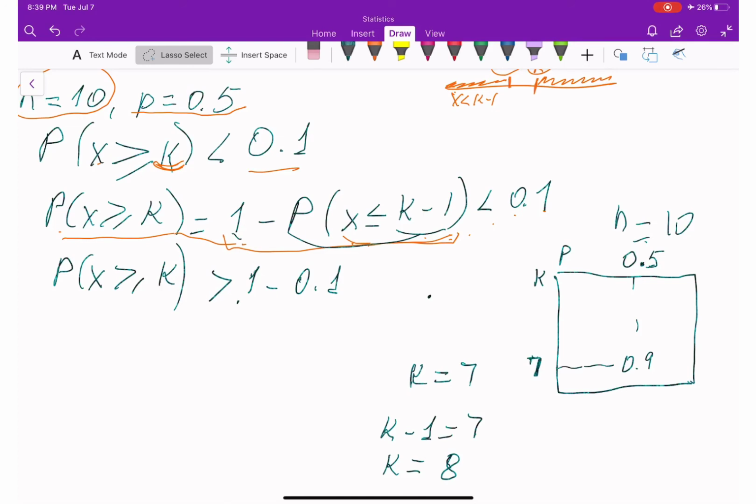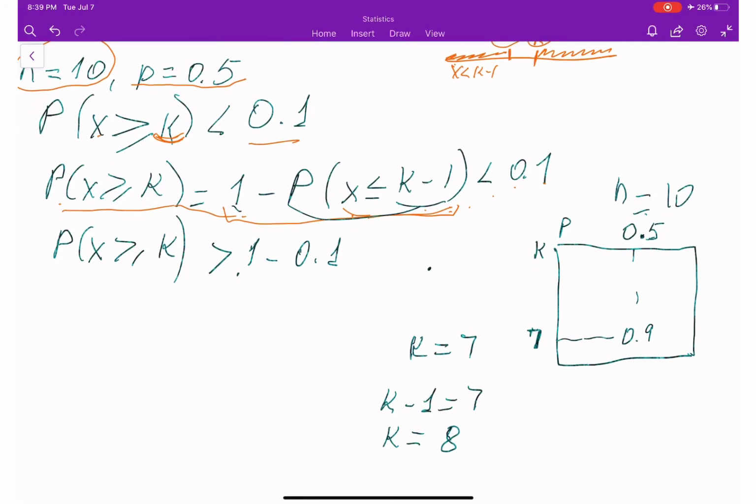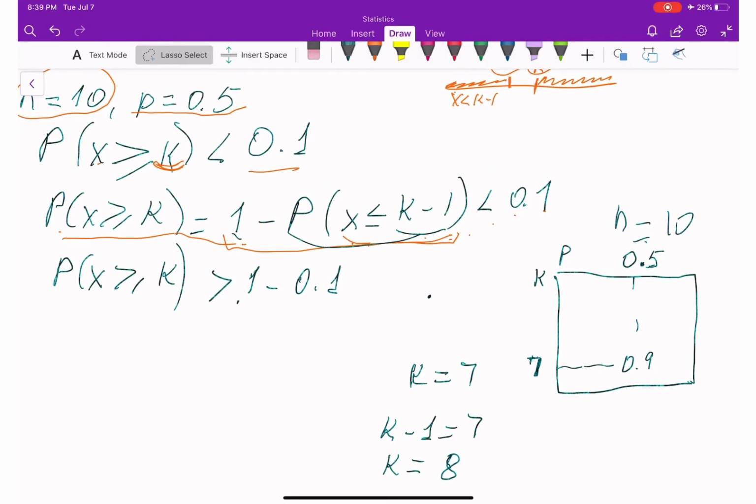Okay, so I'm doing 1 minus 0.1, which is equal to 0.9.